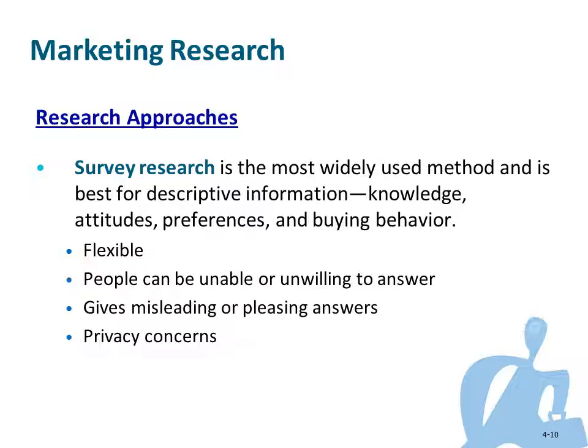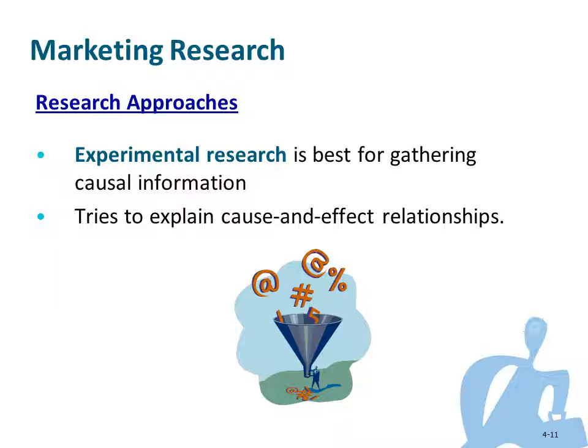People can be unable or unwilling to answer, give misleading or pleasing answers, and there are privacy concerns in this type of research. The fourth type of research for collecting the primary data is experimental research, and it's the best for gathering causal information because it tries to explain cause and effect relationships.